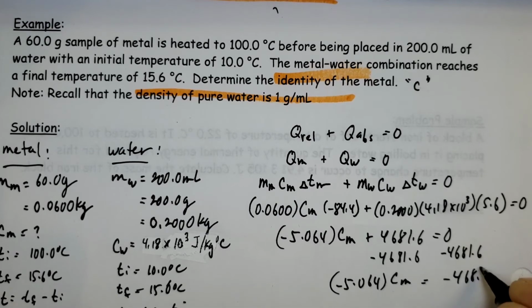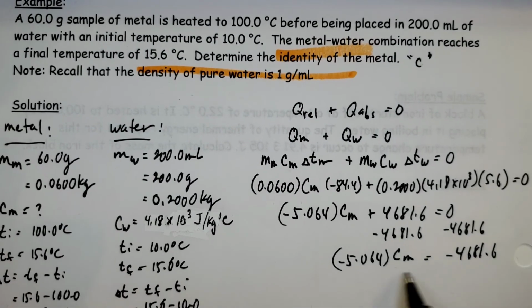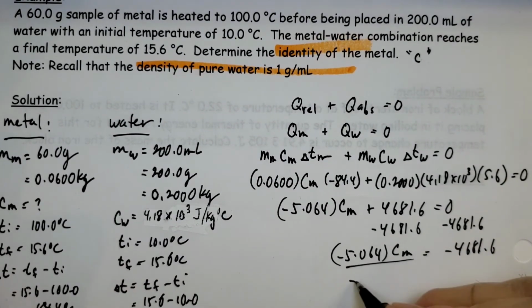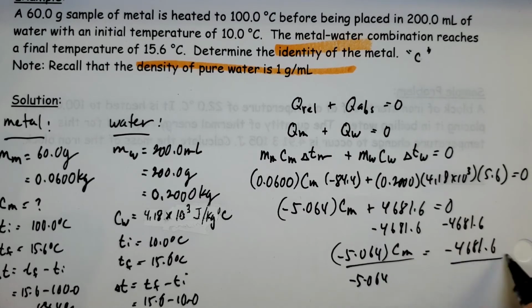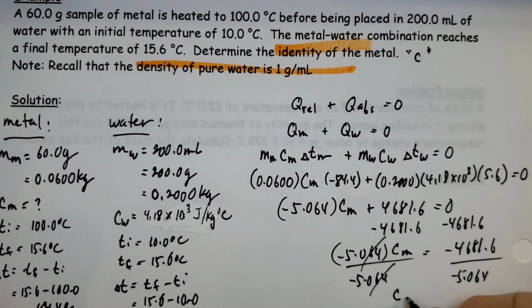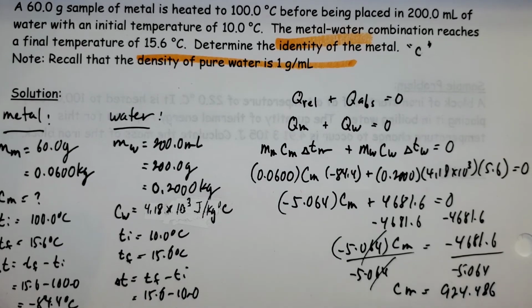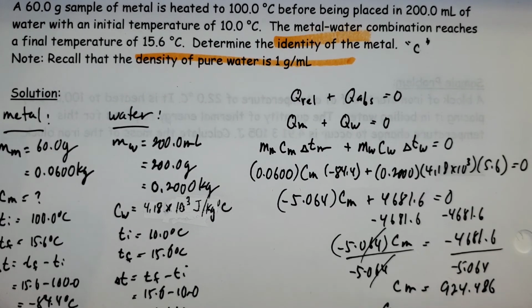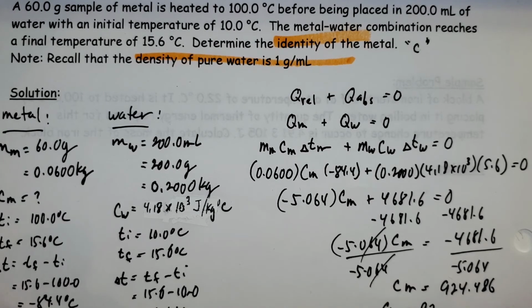So we get this, and then of course divided by negative 5.064, divided by negative 5.064, Cm is equal to 924.486. So I could round that off to 3 sig figs: 924.